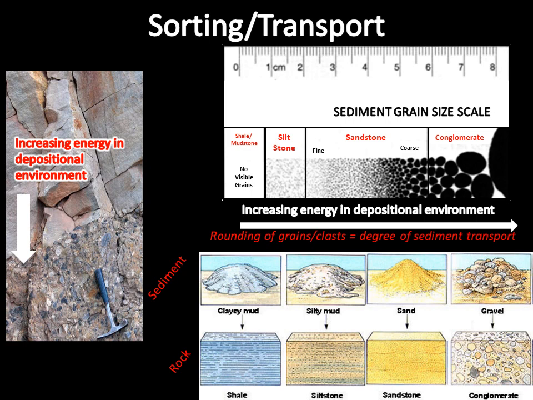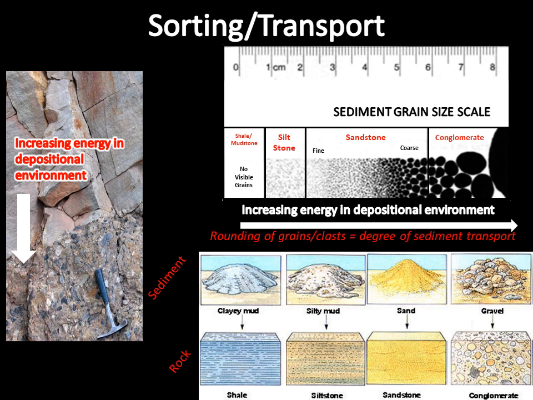Now, moving our attention to the diagram in the bottom right, we can see a neat depiction of sediment types and the rocks they will become once lithified. We start in the low energy environment with a clayey mud, which, if lithified, will turn to shale. Moving up a step in energy, we have sediment that is made out of silty mud, which, when lithified, will turn to siltstone.